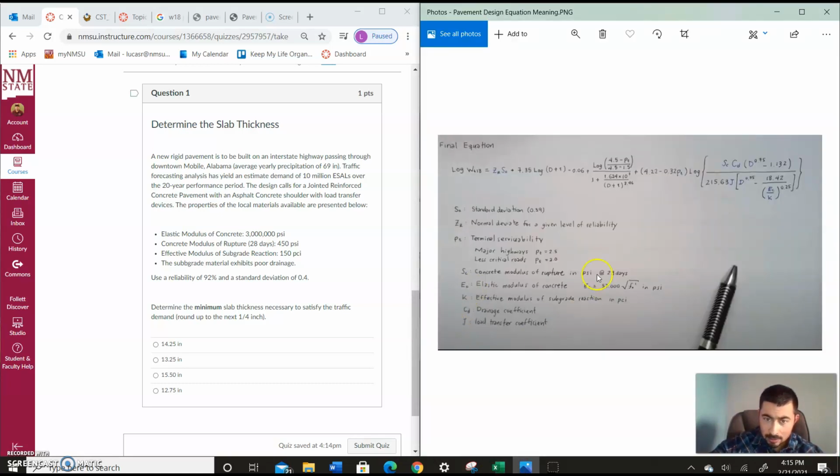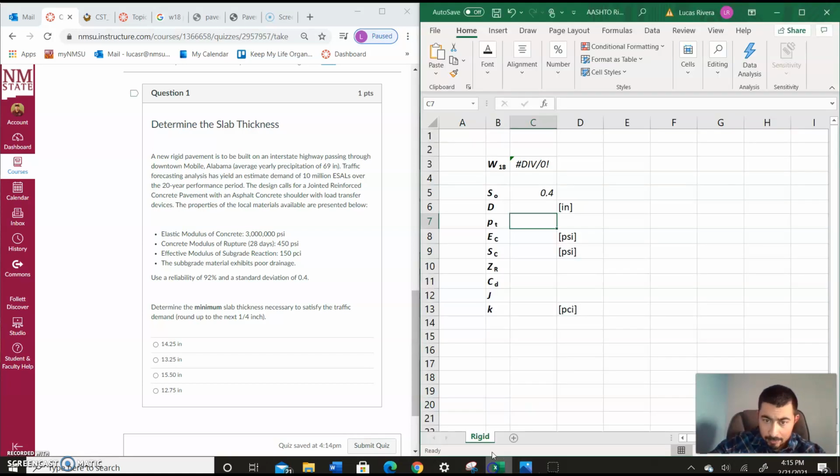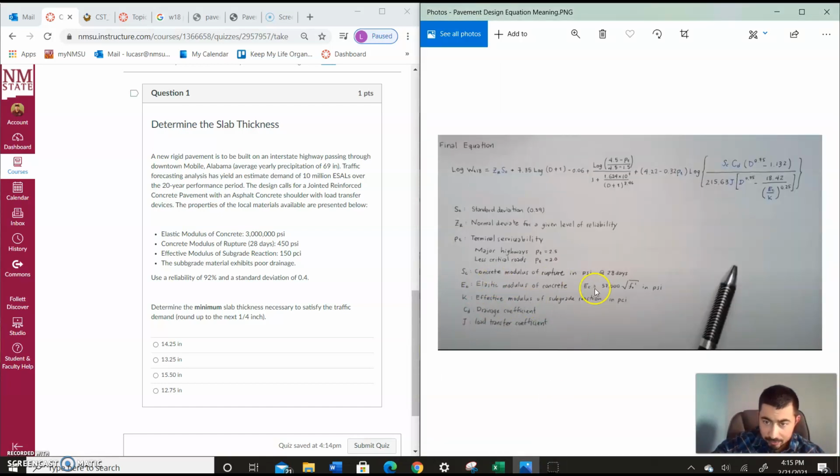PT is normal terminal serviceability. Major highways, which this is, so it'd be 2.5. EC, what's that, the elastic modulus of the concrete? Elastic modulus of concrete is 3 million psi. Right?